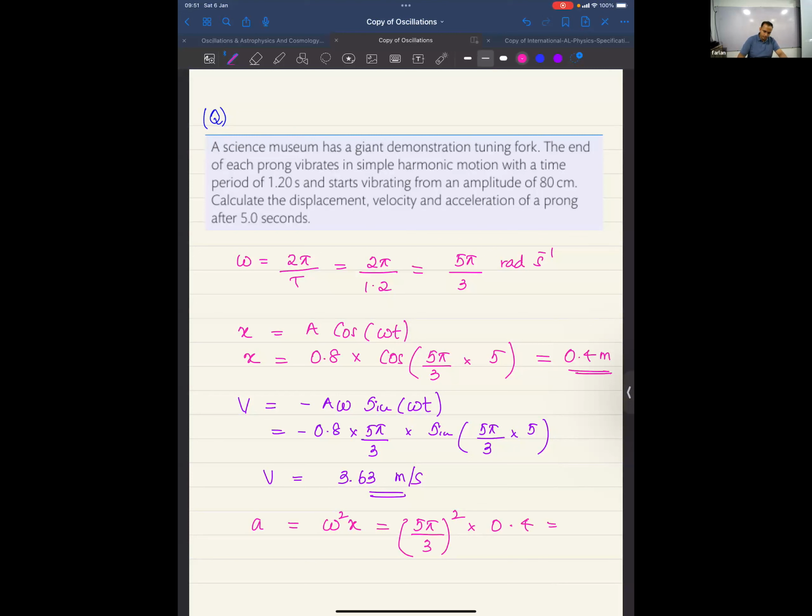I'll take it as 11.0 meters per square second. You'll still get the same answer if we differentiate velocity with respect to t, you will be getting once again minus a omega square cos omega t. And substitute into that the value of t, you will get the same answer.